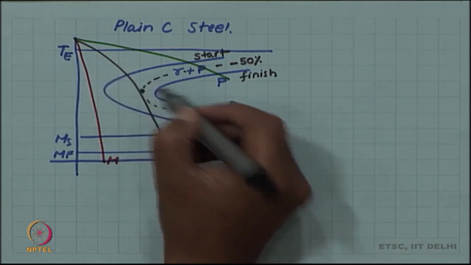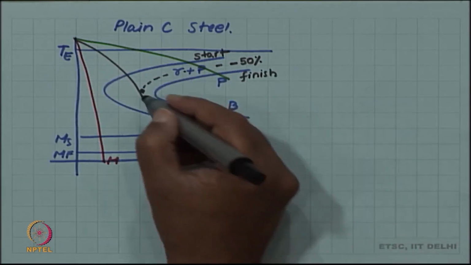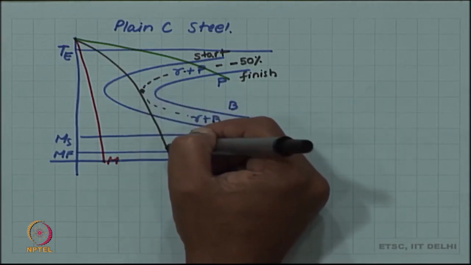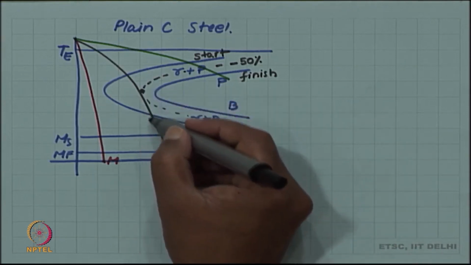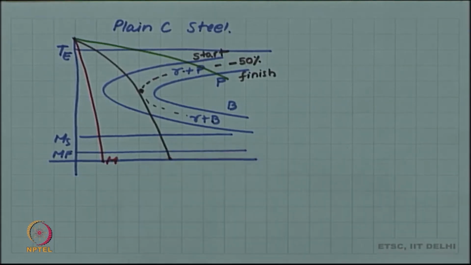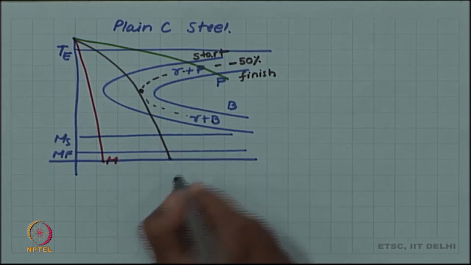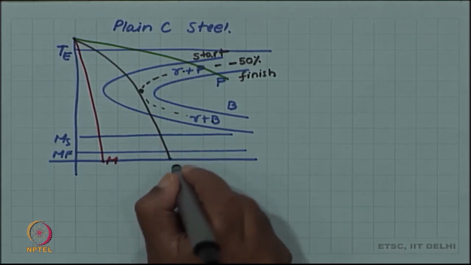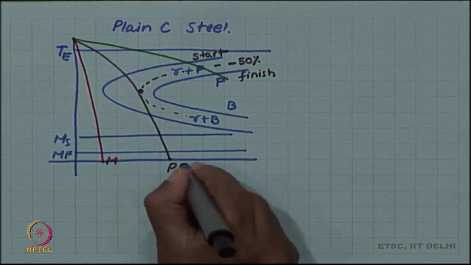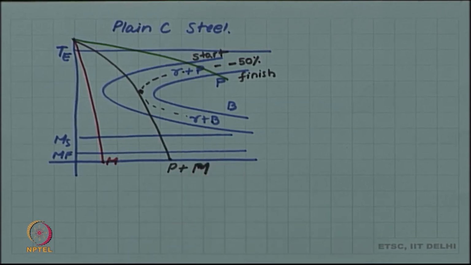So, this black curve will still produce 50% pearlite. The remaining 50% is austenite and will not transform to bainite on continuous cooling, but will be transformed to martensite as it crosses MS and MF. So, the microstructure produced here will be pearlite plus martensite, and there will be no bainite.